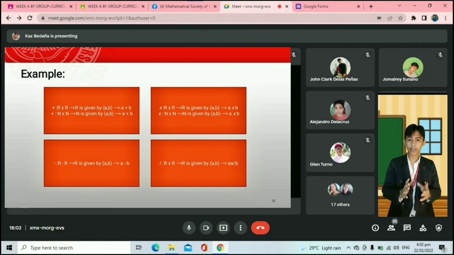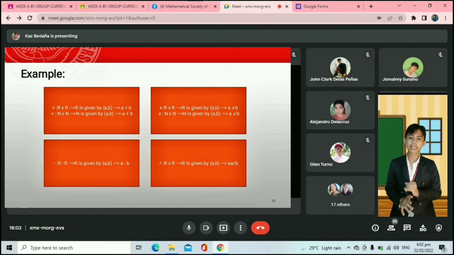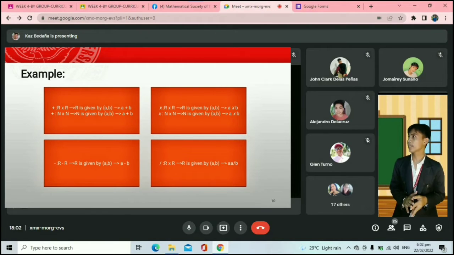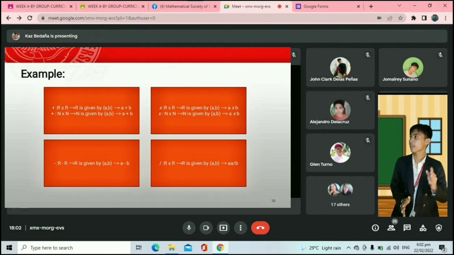If we add two operands which are natural numbers a and b, the result will also be a natural number. The same holds good for the real numbers.